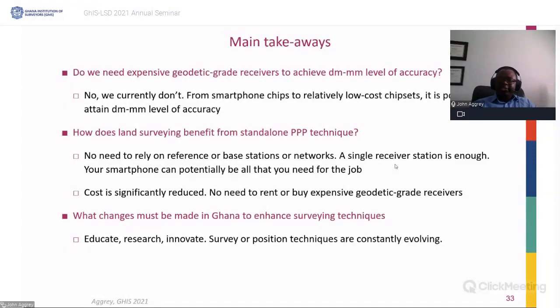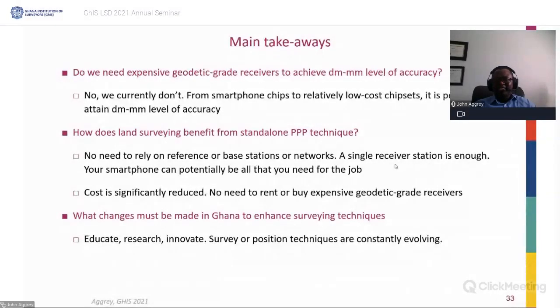Due to all the advancement of technology that we've had, we can actually take our smartphones to the field and be able to do work with it. So that's the great and wonderful thing about it. In other words, gone are the days whereby you need to go and rent all of this expensive equipment and spend.